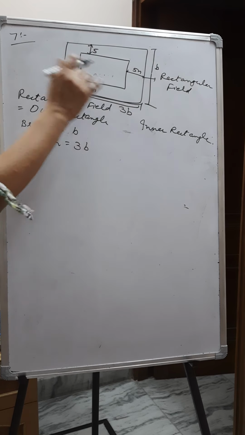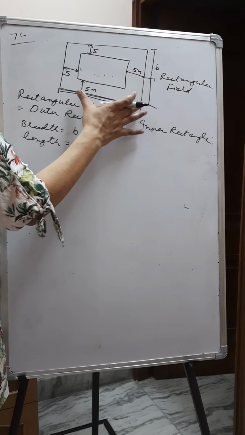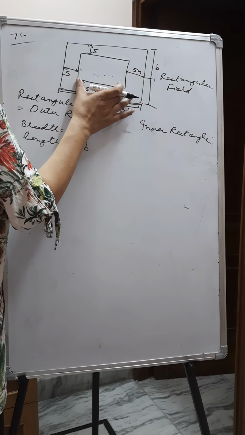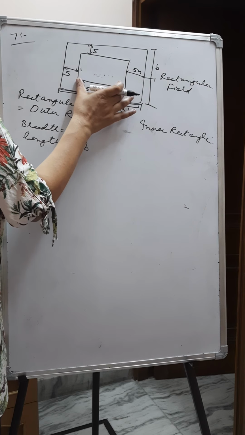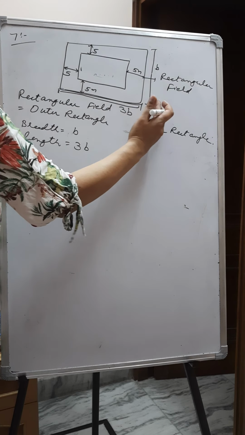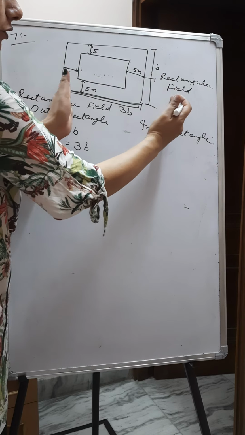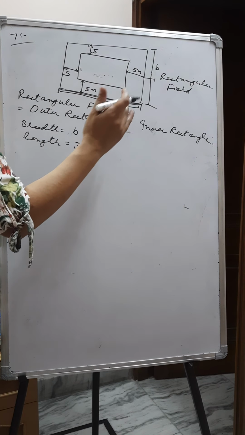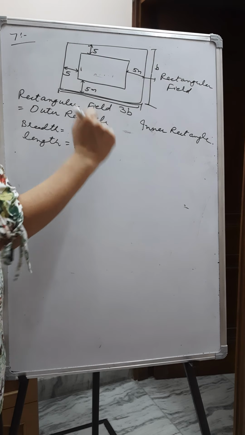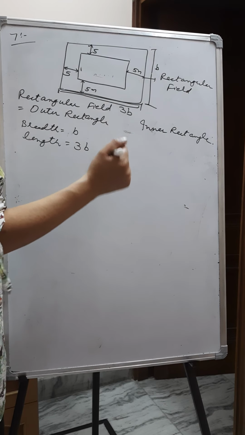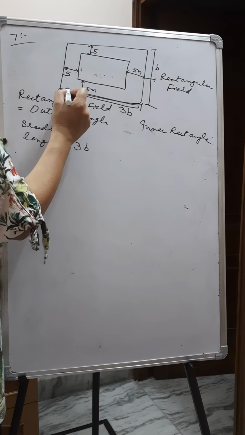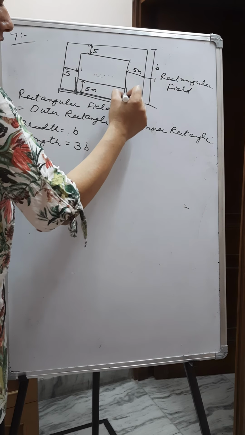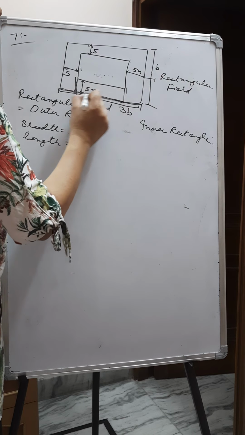Now move to the inner. Outer is given, meaning larger is given, and we have to reach the smaller. It means from larger to smaller we have to subtract. It is common sense. We require only this distance.